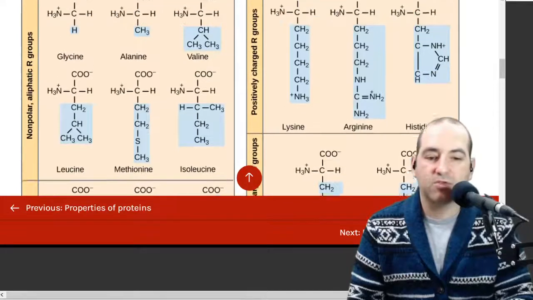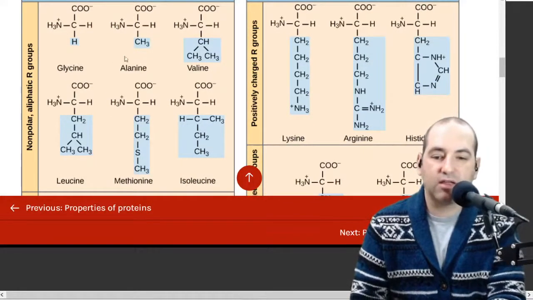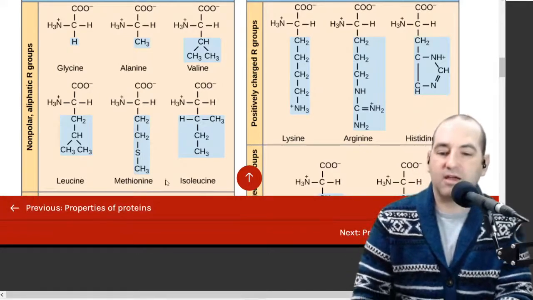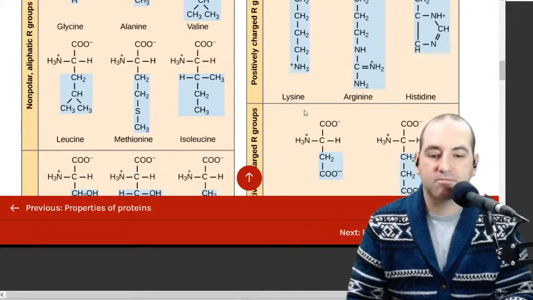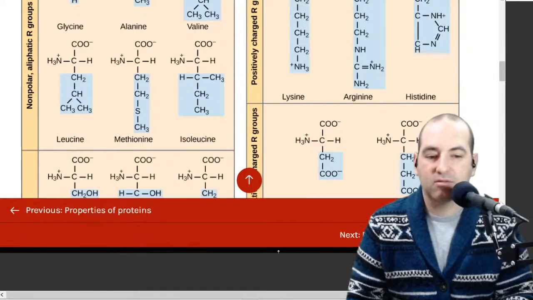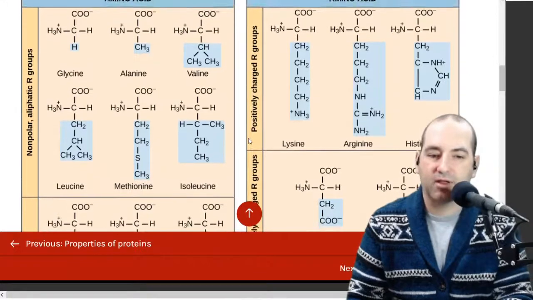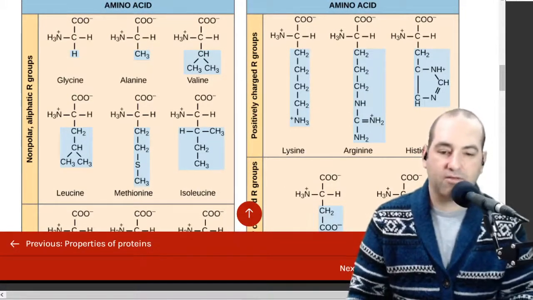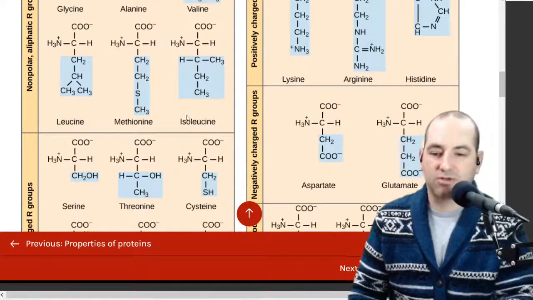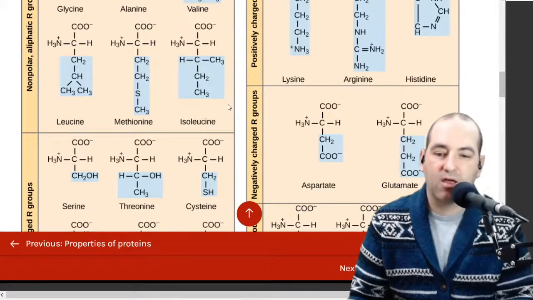Now, some of these names you may have heard before. Some of these amino acids: glycine, alanine, valine, leucine, methionine, isoleucine. If you take a class in biochem or maybe nutrition, you may have to learn all of these names, but we're not going to do that in this class.